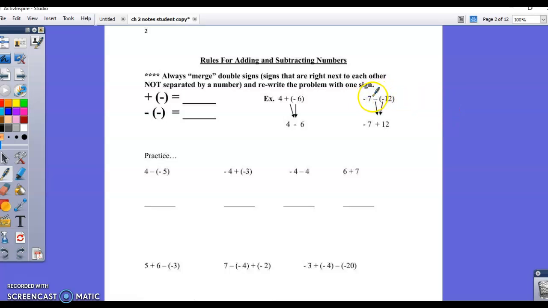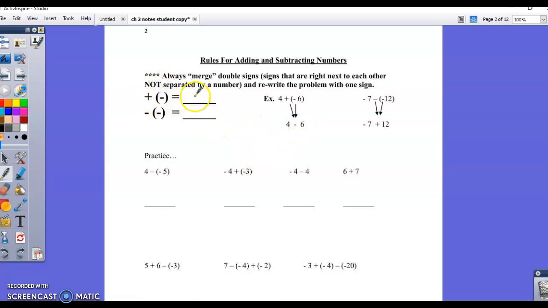So over here, negative 7 minus a negative 12. The two negatives are next to each other without a number, so we can, what I like to call, merge the signs. And they can really be written either way. Like a 4 and a negative 6 can be written as a 4 plus a negative 6, or it can be written as a 4 minus 6, depending on how we look at it.